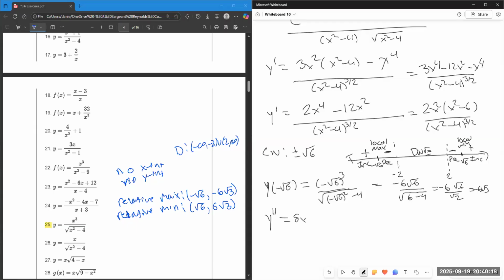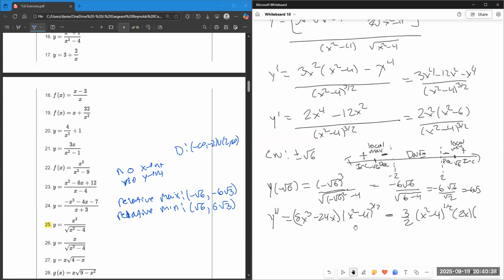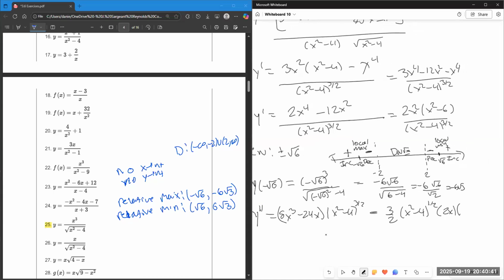Derivative of the top, 8x cubed minus 24x, times (x squared minus 4) to the 3/2, minus derivative of the bottom, 3/2 (x squared minus 4) to the 1/2 times 2x times (2x to the 4th minus 12x squared), over (x squared minus 4) to the 3rd.